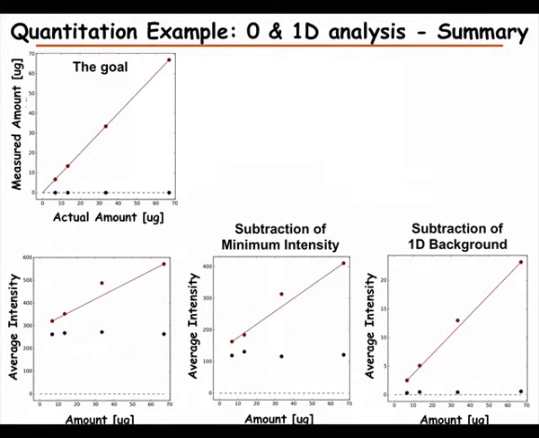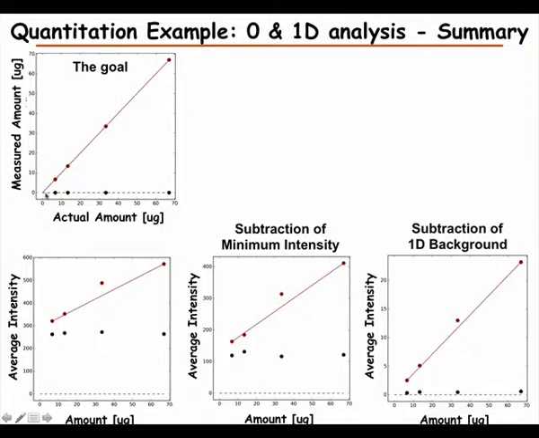So this is just summarizing what we can do if we just look at 0 or 1 dimensions, and so far we haven't done really proper image analysis yet. So our goal is that we should have the background always be 0. The experiment should be linear with the actual amount that we added.